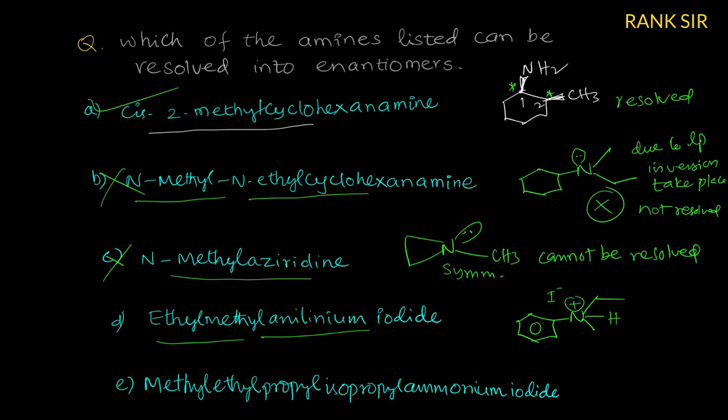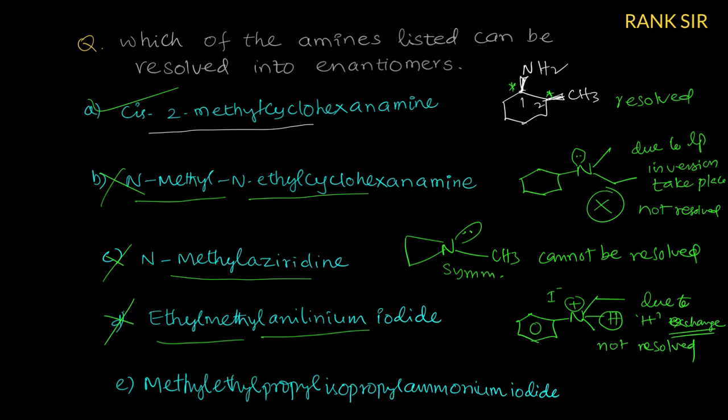Now keep in mind this is a chiral ammonium salt, but in this the hydrogen is a smaller group, so inversion takes place. So you have to remember that is called proton exchange also, we can consider. So due to this proton exchange, we cannot resolve. So not resolved.